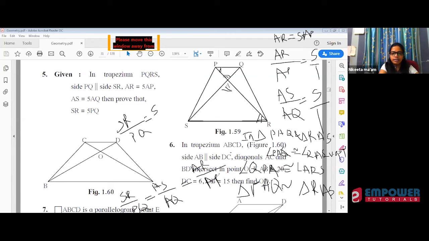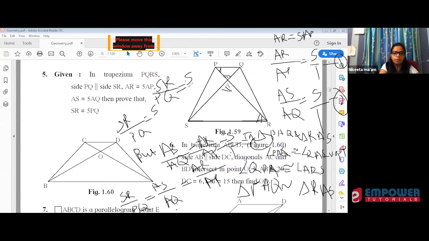And these two are given: AS upon AQ is equal to AR upon AP is equal to 5/1. Call these 1 and 2. From 1 and 2, this is given, therefore call it 3. From 3 you can say that SR upon PQ is also equal to 5/1. Therefore SR is equal to 5 PQ.